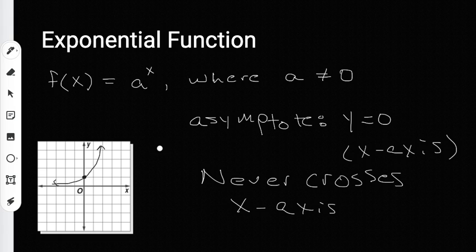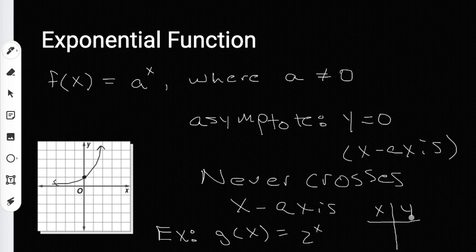Okay? Now, a really good example of the exponential function is 2 to the x power. So imagine you have a function g of x equals 2 to the x power. If you let x be something, let's see what y equals. So I'm going to make a chart, x and y. If x is 1, then I'm taking 2 to the 1 power, which would just be 2.